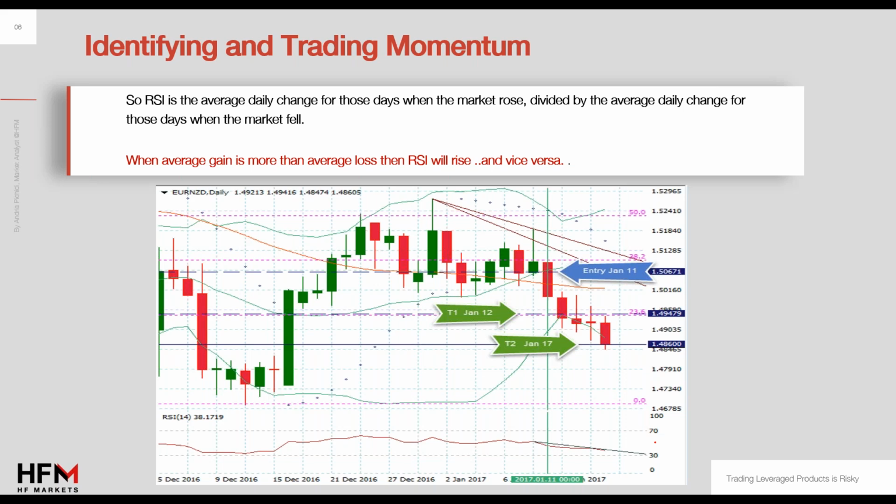It's not like ADX that doesn't show direction. This one shows direction and it shows strength as well. So if our RSI is pointing lower, below 50, pointing to 30, that means downwards movement. If it moves below 30, that means oversold conditions.